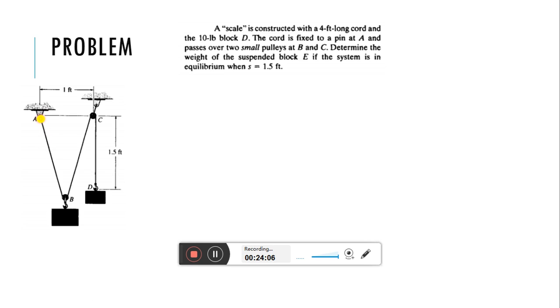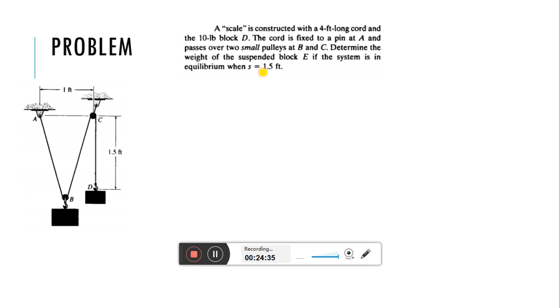And at the other end, okay, so B in the intermediate and C, these are passing through small pulleys B and C. What do you mean by small pulley here? Just like our previous problem, we need to ignore the dimension size of the pulley.